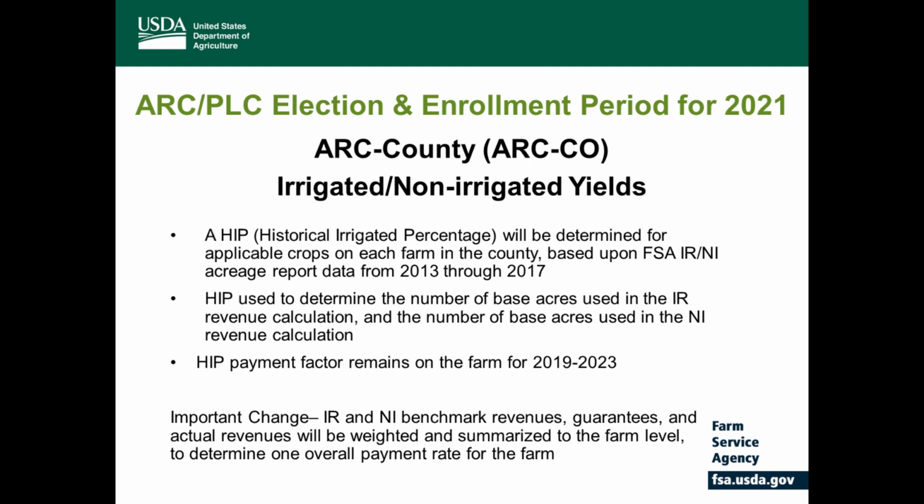One important thing to note is that irrigated and non-irrigated revenues and guarantees are weighted and summarized to the farm level, which will result in one overall weighted average payment rate for the crop. If you don't have irrigation history on your farm, then for ARC County calculations you will just use an all yield.